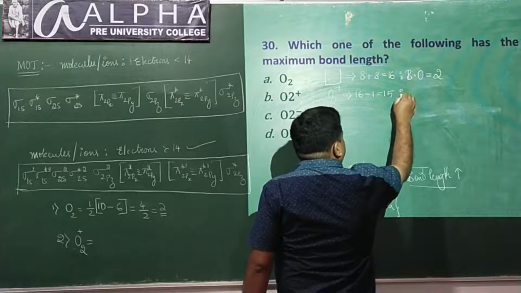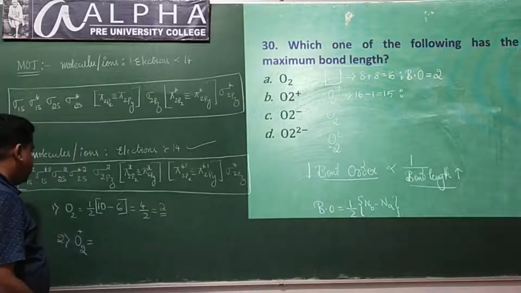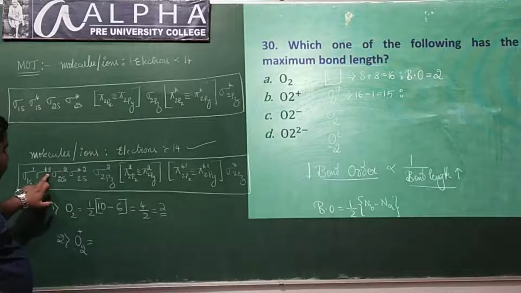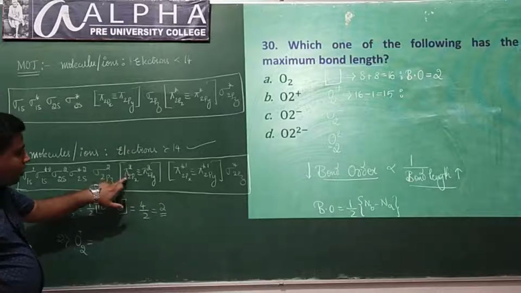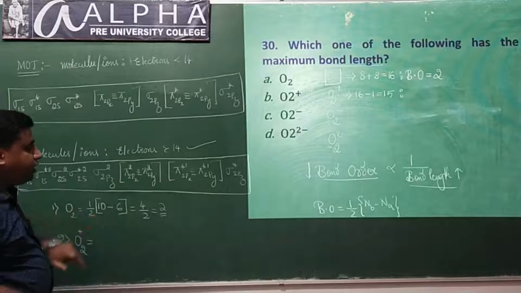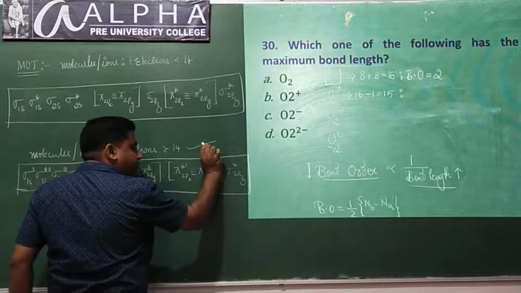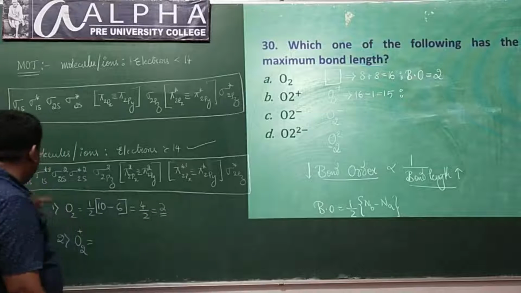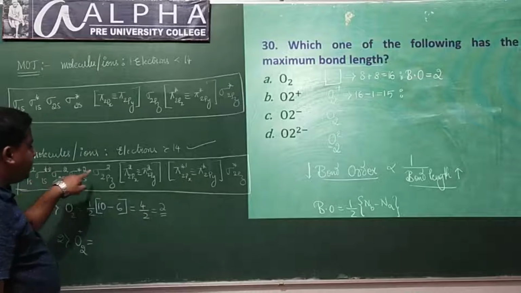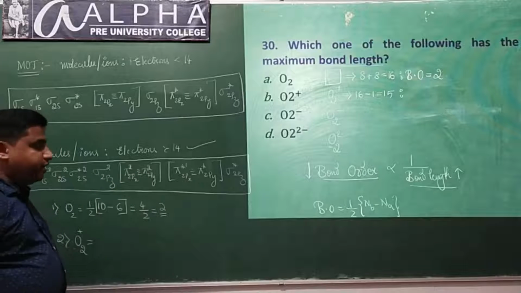So let us fill the 15 electrons: 2, 4, 6, 8, 10, 11, 12, 13, 14, 15.